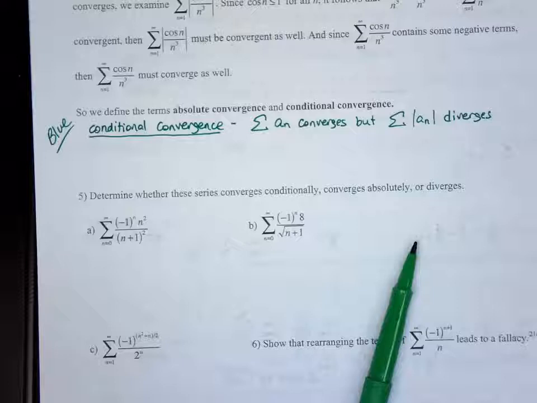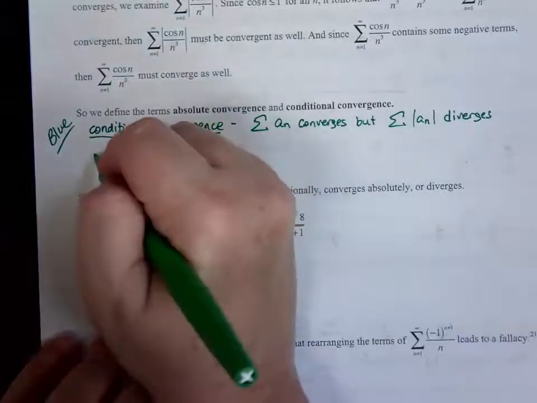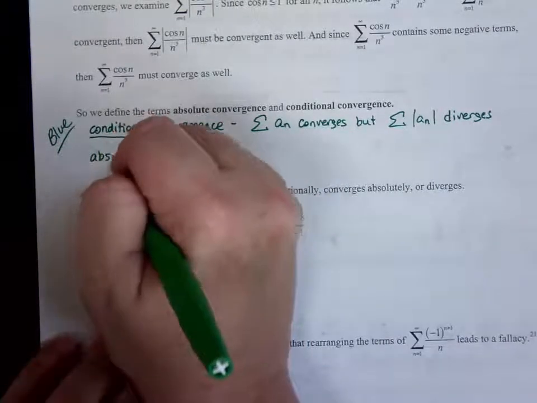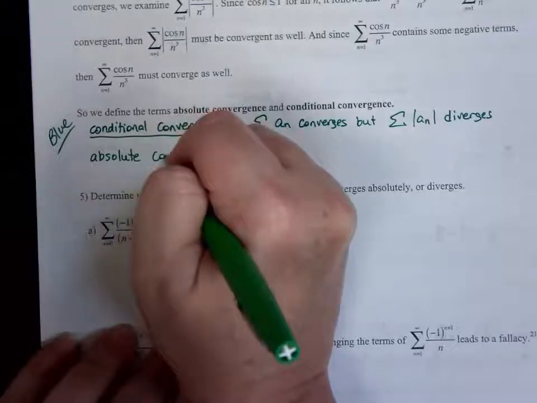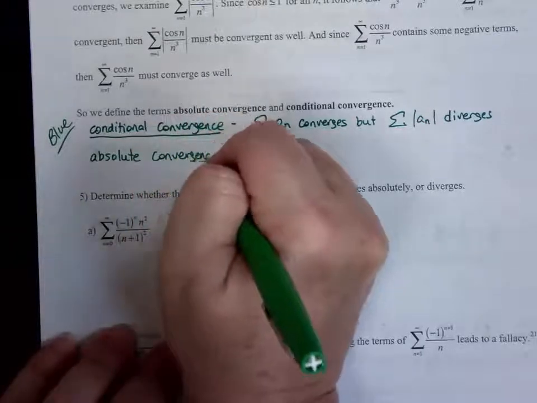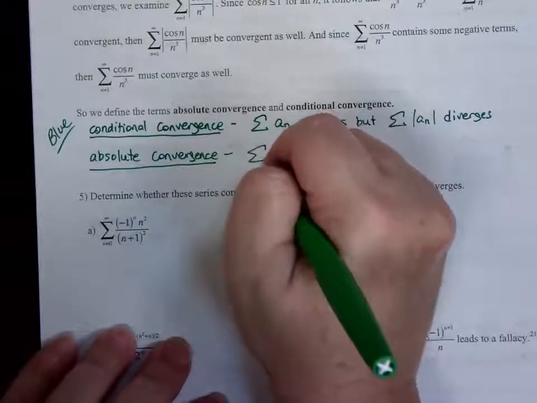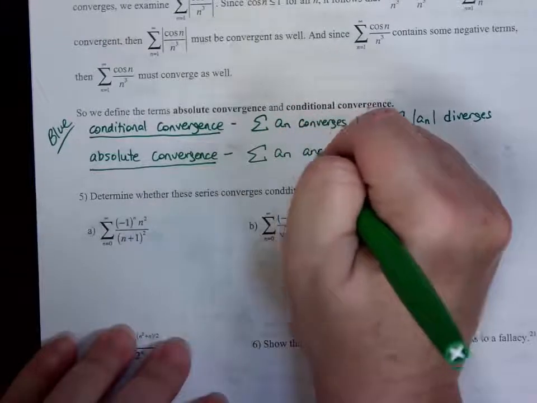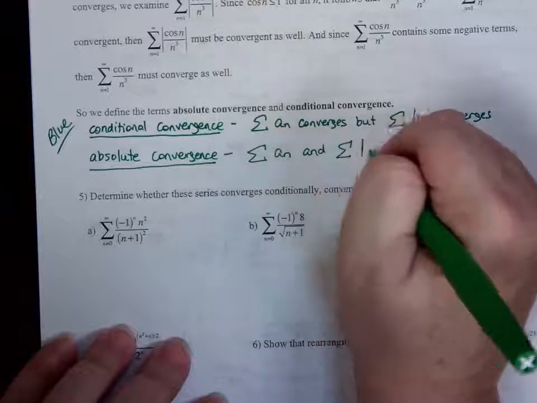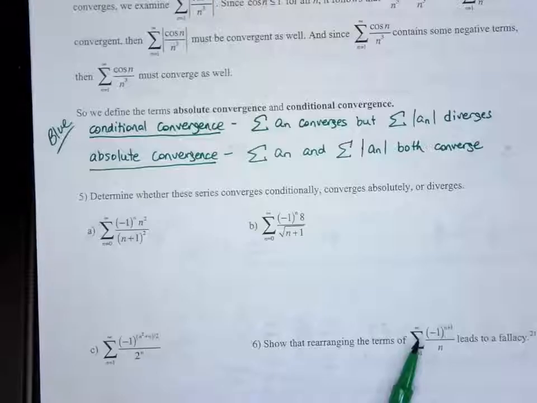Okay? So, on the other side, absolute convergence is where the sum of a_n and the sum of the absolute value of a_n both converge. So both the alternating and the non-alternating converge when it's absolute.